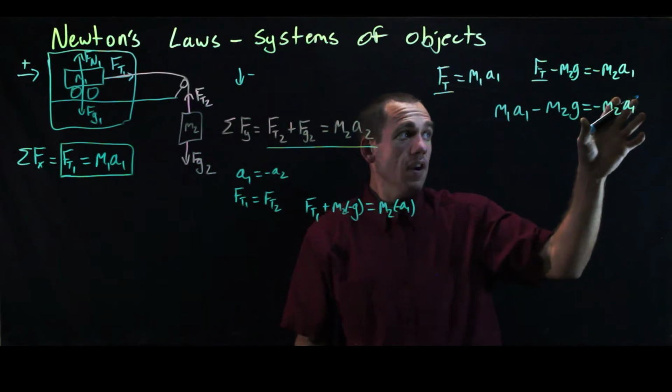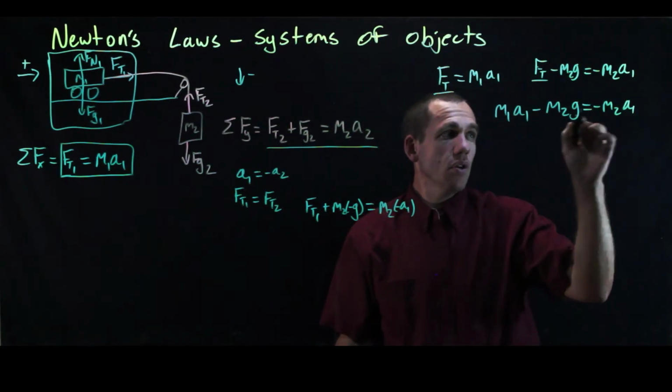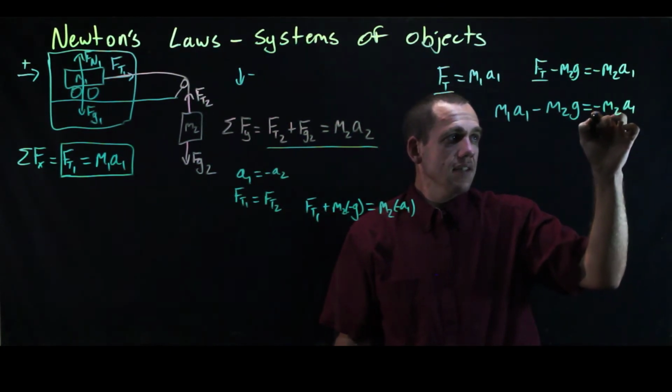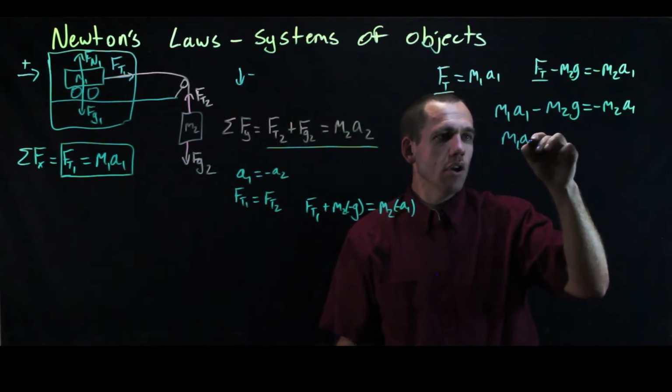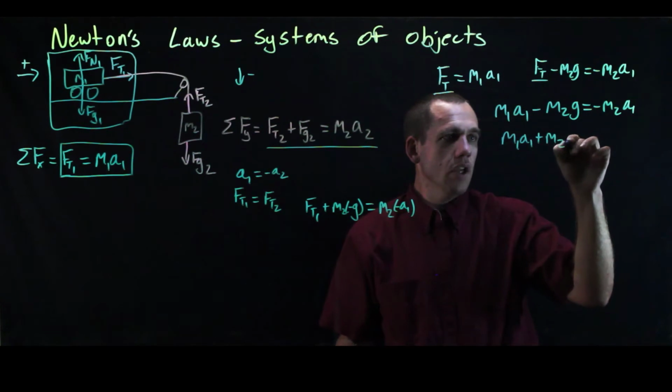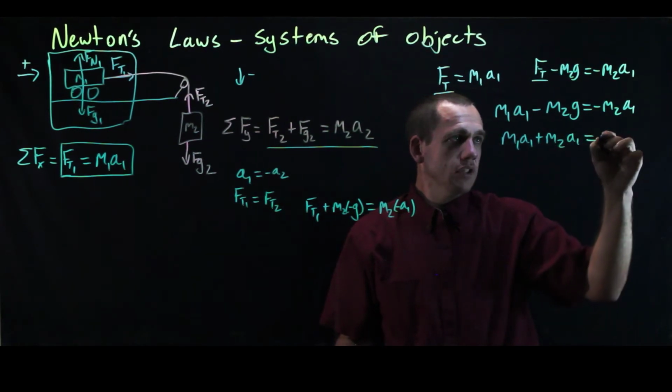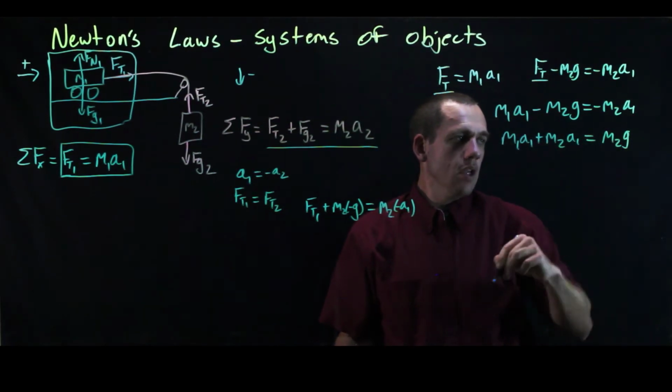Now I'm trying to solve for a, so I'm going to collect my like terms. I'm going to add this to the left side and add the m2g over, so I get m1a1 plus m2a1 equals m2g. Okay.